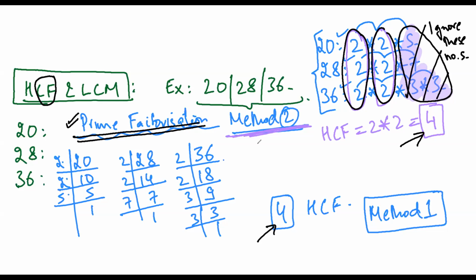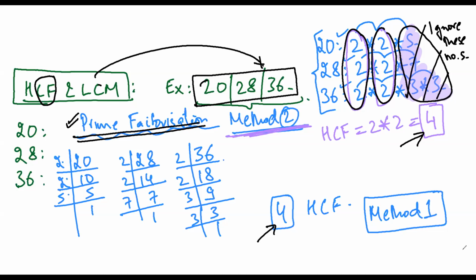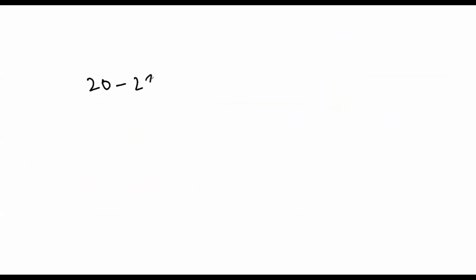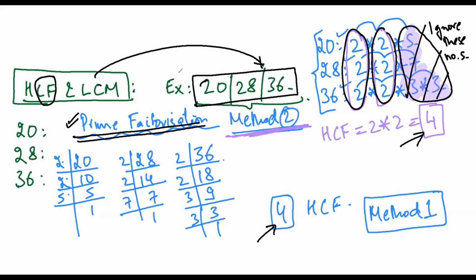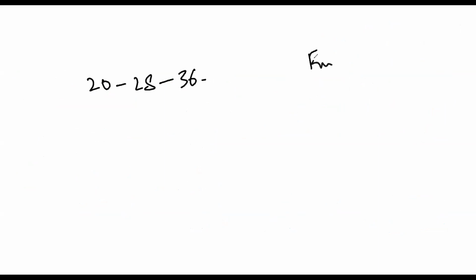Yes, sir. Now, just to understand, let us find the LCM of these numbers, 20, 28, 36, by prime factorization, because that is where the confusion will start.